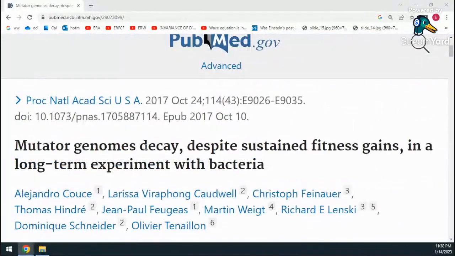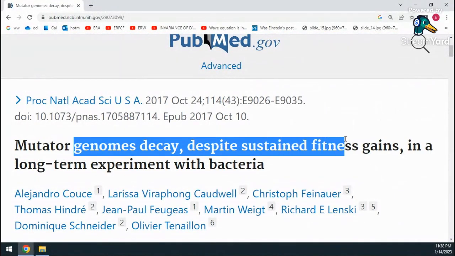Look, see this? Genomes decay despite sustained fitness gains. That means the thing that's reproducing the most is going to be the most representative. So this is analogous to that finch that has the stronger beaks. But they're showing that these things have sustained fitness gains, but the genome is decaying. They're losing genes.